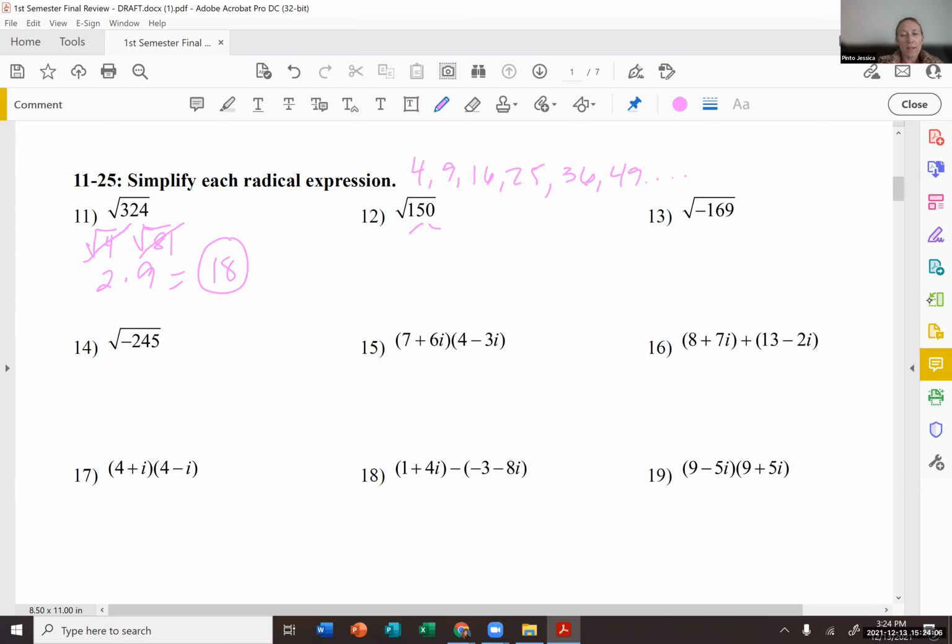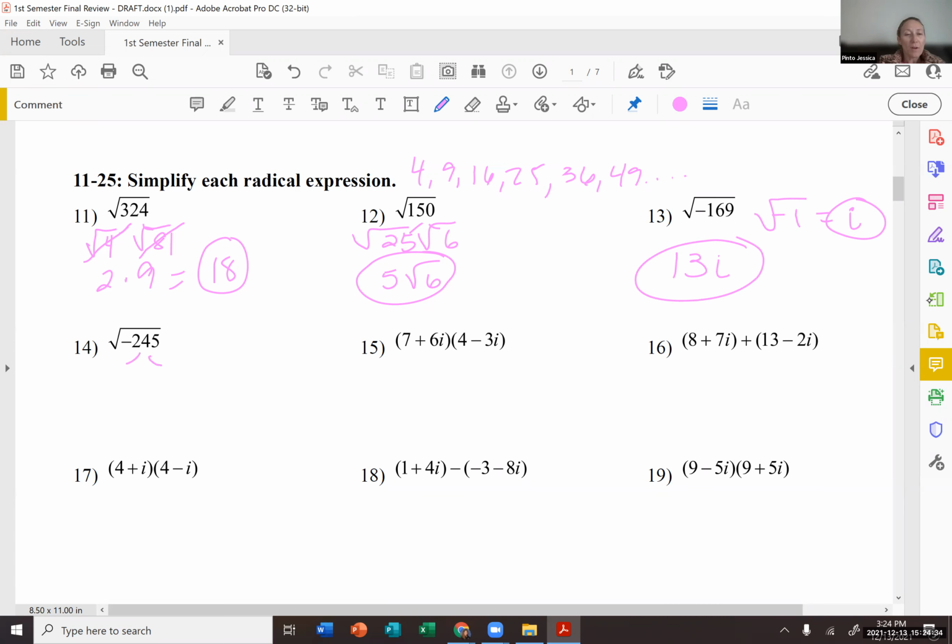For 150, that's 25 times 6. So that's 5 rad 6. For -169, the square root of -1 is equal to i. Super importante. And so this one is just 13i, because the square root of 169 I've memorized.